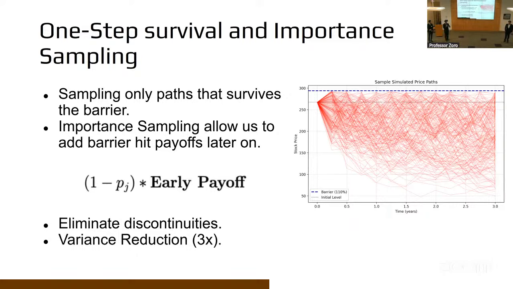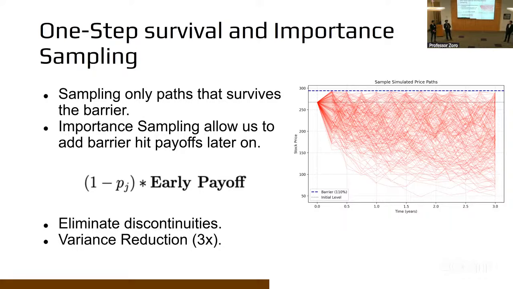Instead of sampling all the paths, we just sample the path that stays below the barrier. And so as you can see, it gives a solution to the problem. It gives you stable differentiations around the observation date, and it leads to much more reduction in noise than the standard Monte Carlo approach, around 3 times.